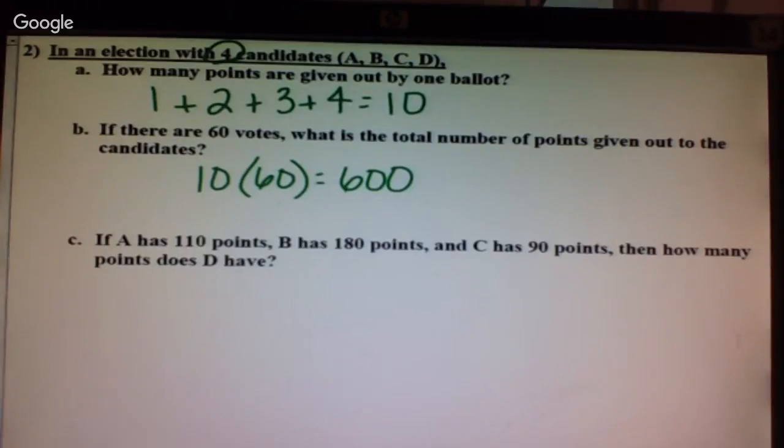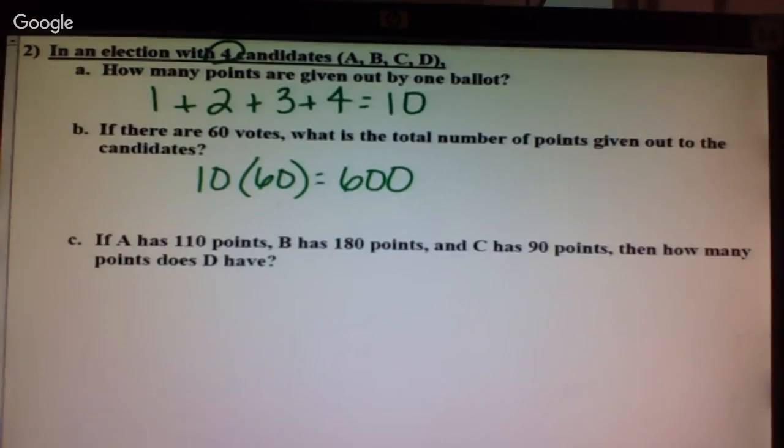So then, if A has 110, B has 180, C has 90, how many points does D have? How do I find it? Remember, you just told me I have 600 total points to give out.